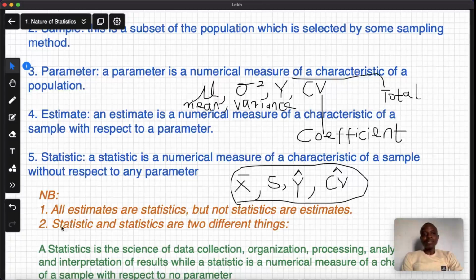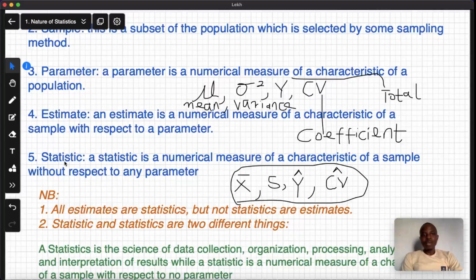Note something: statistic and statistics are two different things. The plural I wrote here actually refers to this statistic, the plural for this statistic. So don't confuse the fact that I pluralized it here.